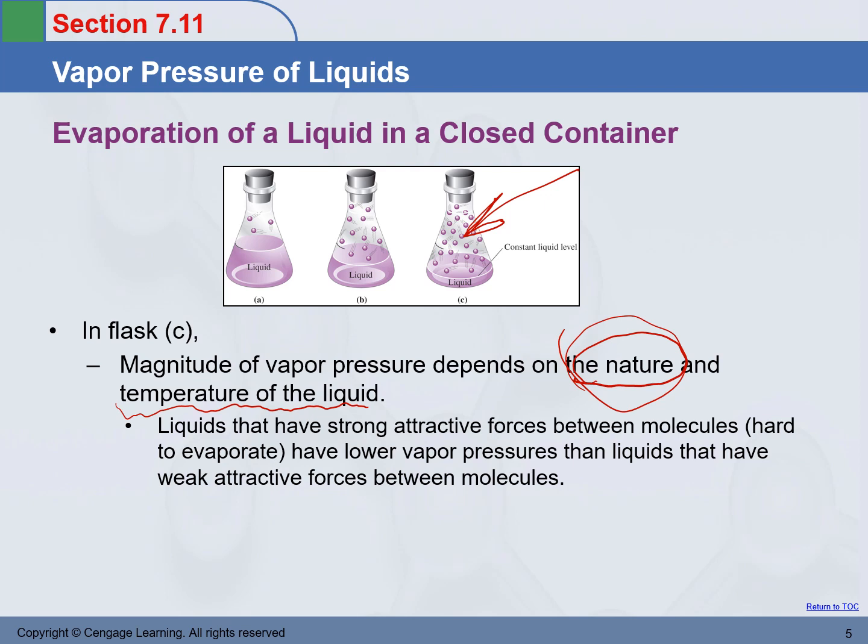So liquids that have strong attractive forces between molecules are hard to evaporate. Those kinds of liquids, the liquids that are hard to evaporate, will have lower vapor pressure than the liquids that have weak attractive force between the molecules. So eventually, in the experiment with gasoline, the vapor pressure will be higher.